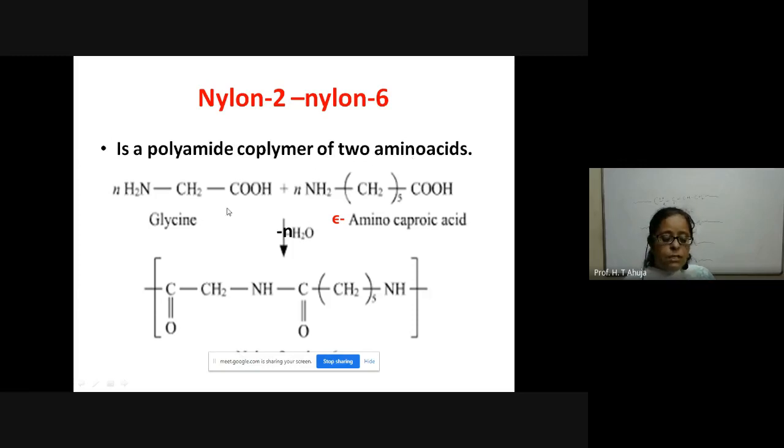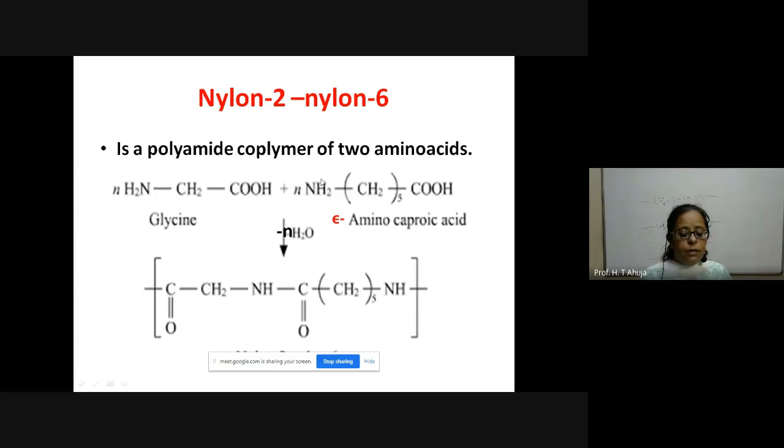The first amino acid here is glycine and the second one is epsilon amino caproic acid. See the structure nicely of both the monomers. They undergo polymerization, and here you have the liberation of water molecules.